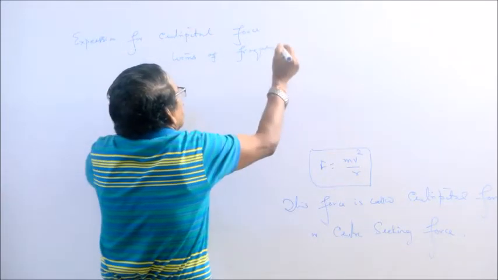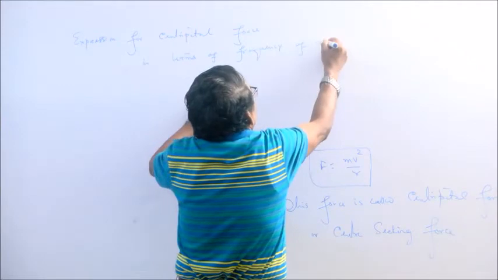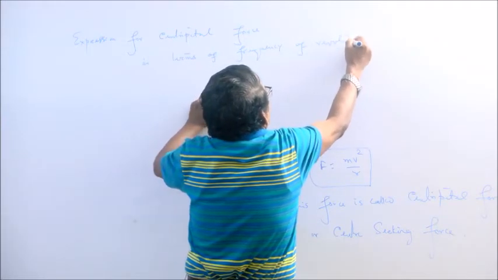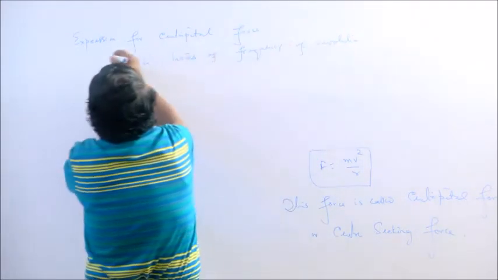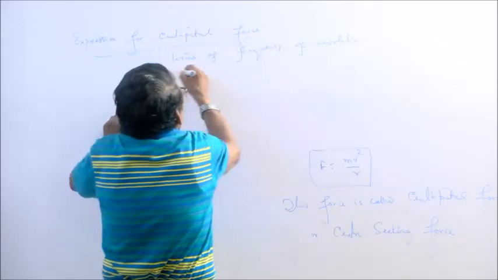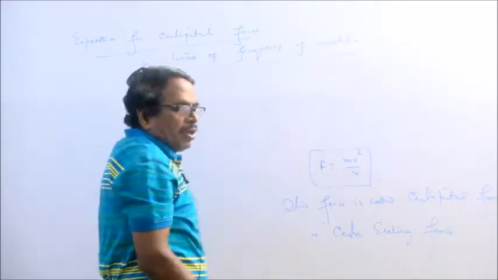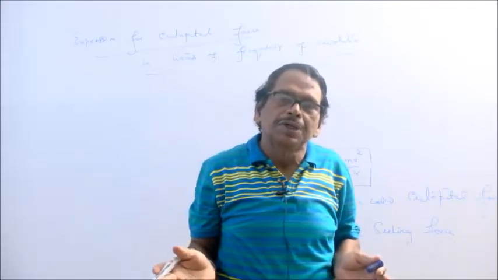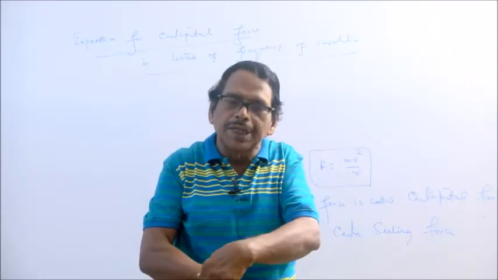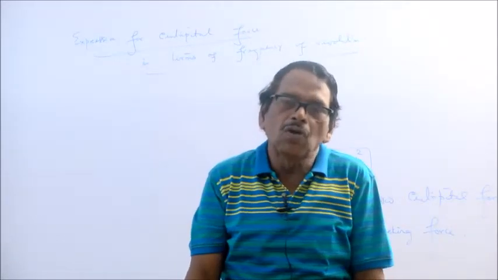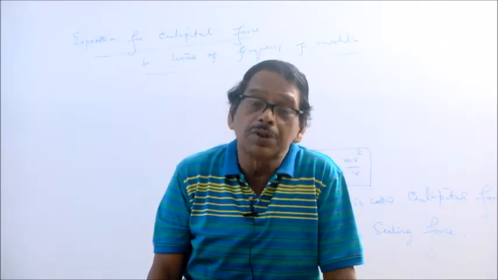We have already found out the expression for centripetal force, that is F is equal to mv square by r. Now, we will find it in the form of frequency of revolution.